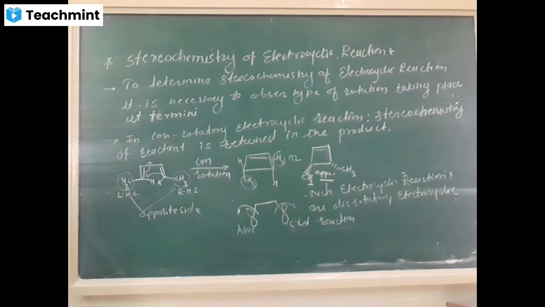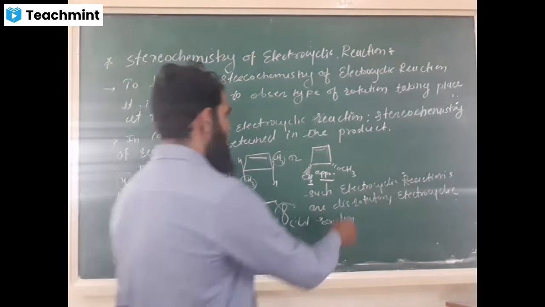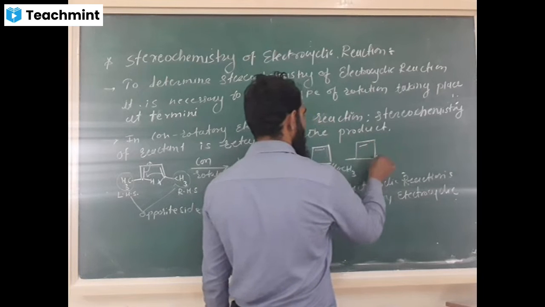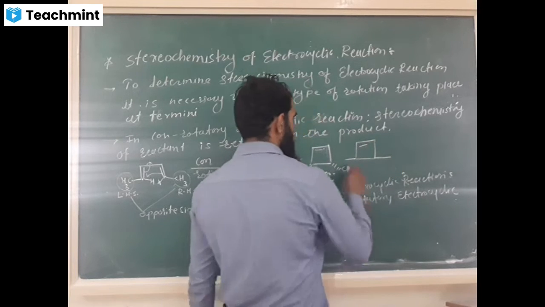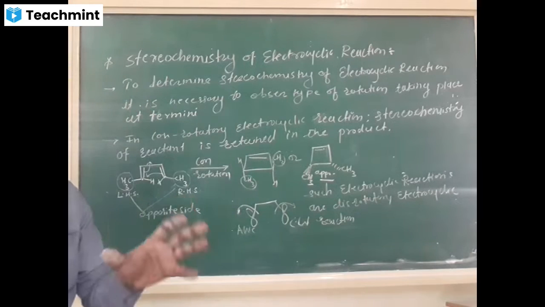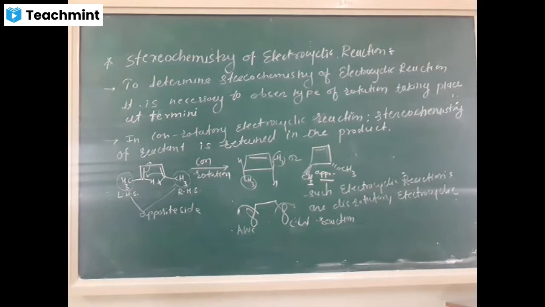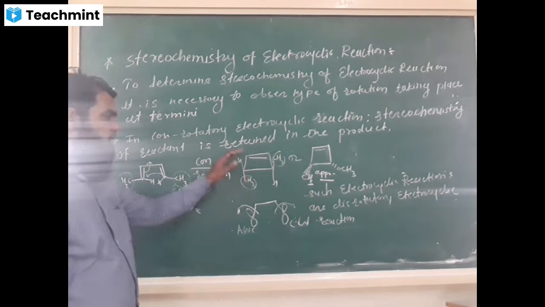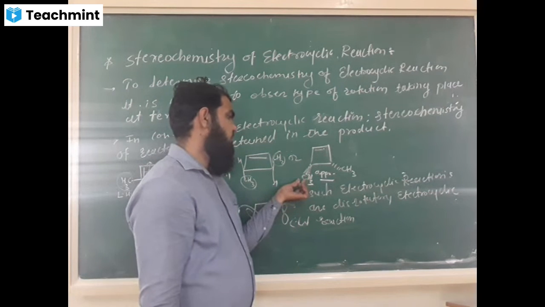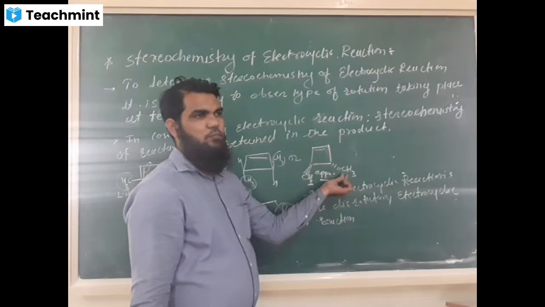So you can write the answer as either one of these, or like this. This is the double bond, CH3 is on this side, another CH3 is on the other side. For this you have to mention that one is above the plane and another is below the plane to represent the opposite side groups. For opposite side groups, one is left hand side and another is right hand side, or one is bottom side and another is top side, or one is with a solid wedge line and another with a dashed wedge line.